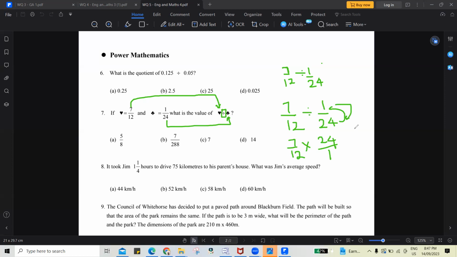Then you think, top and bottom, which number can you divide?